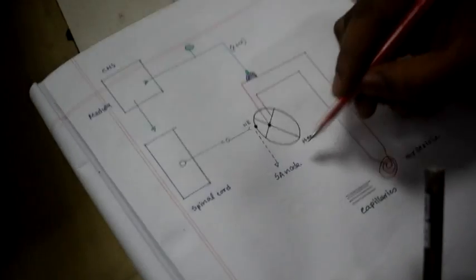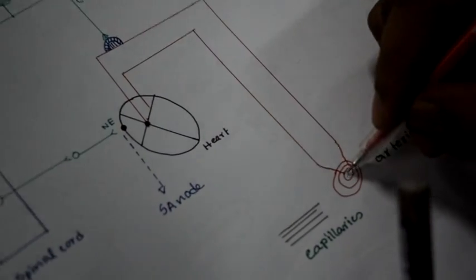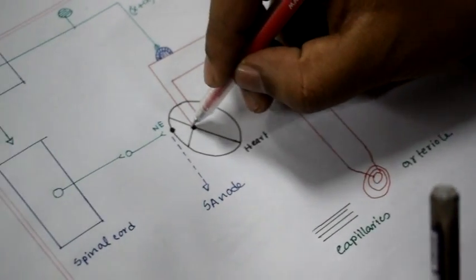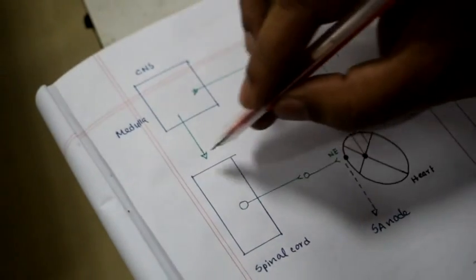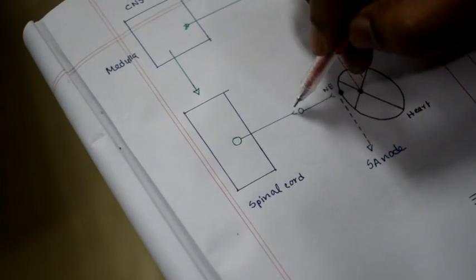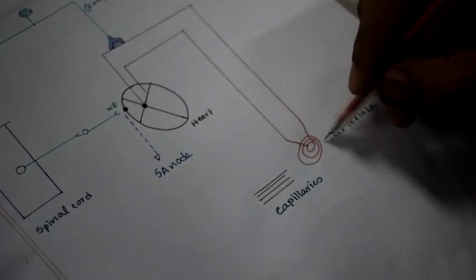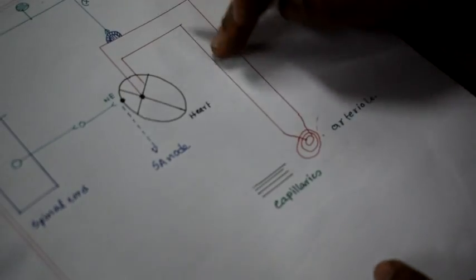Suppose this is heart, this is aorta, this is artery, this is arteriole, and this is capillary. This is SA node, this is AV node, this is central nervous system, and this is spinal cord. This is the preganglionic neuron, and this is the postganglionic neuron. When you give calcium channel blocker, your arteriole dilates, and when your arteriole dilates, your blood pressure falls.